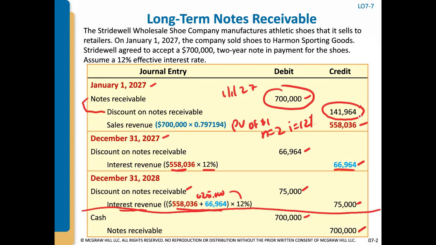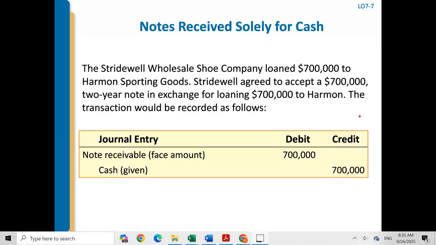So when you're calculating your net balance in your notes receivable account, it's going to be the 700 minus 151. That's what you start with. And so we build it back up so that the net book value is actually 700,000, and that's the amount that you can credit at the end when you receive the $700,000 of cash.